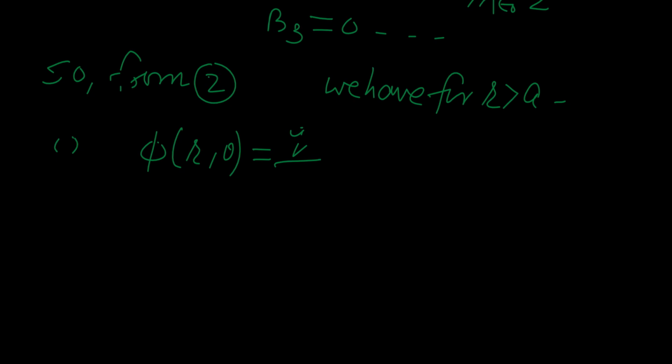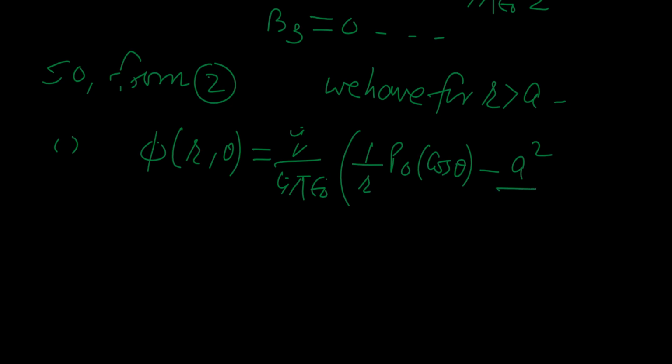This will be Q over 4 pi epsilon naught into 1 over R, P naught of cos theta, not plus but minus, here will be a negative sign, minus a square over 2r cube, P2 of cos theta, and plus so on.